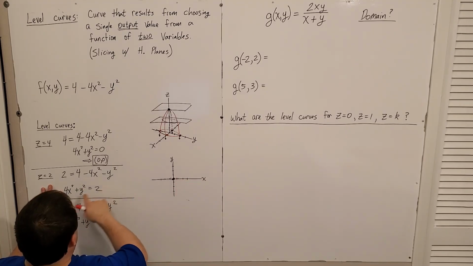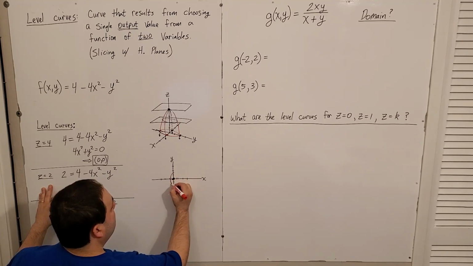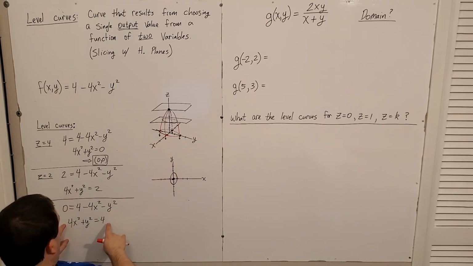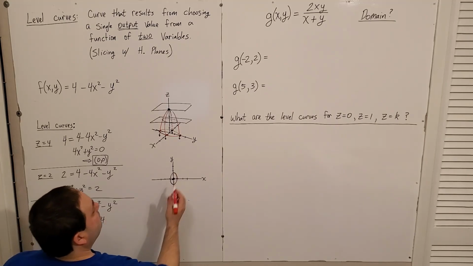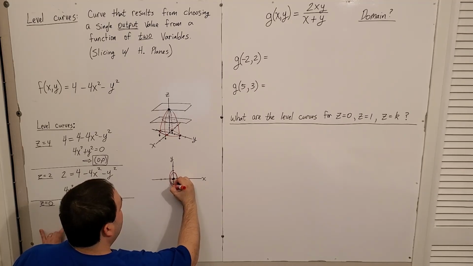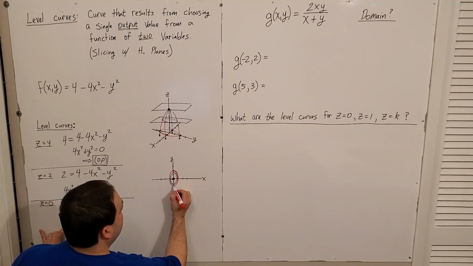And my y would be square root of 2, which is 1.5-ish here. So it would look like this. And then the one where z equals 0 would be where y is 2 right here and x is 1, like this.